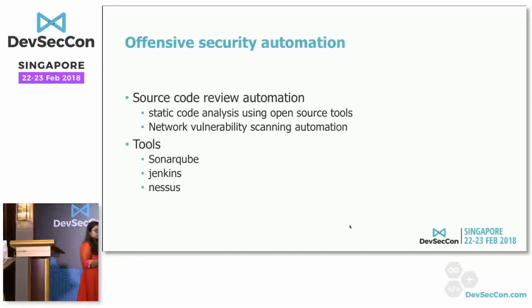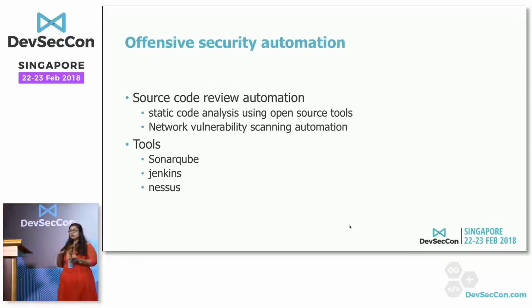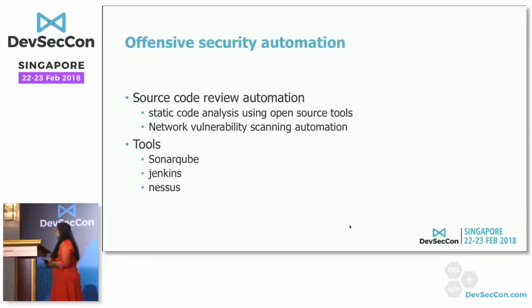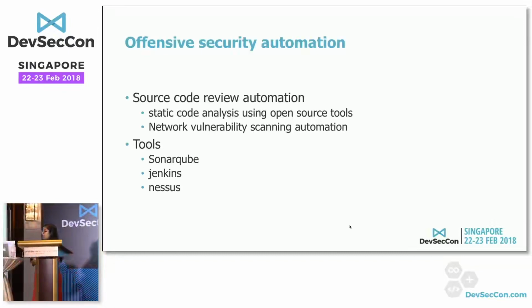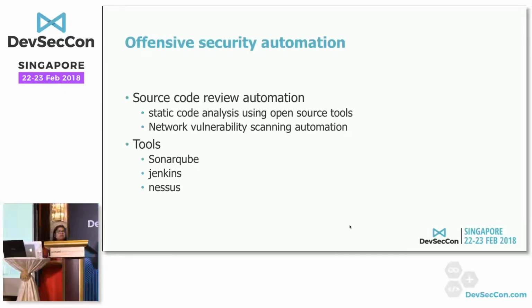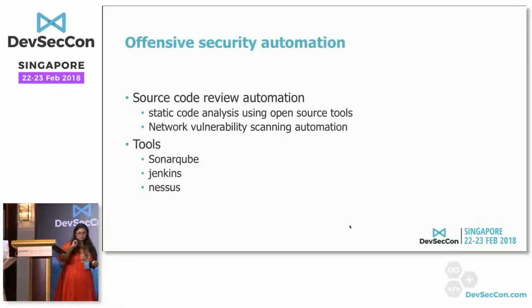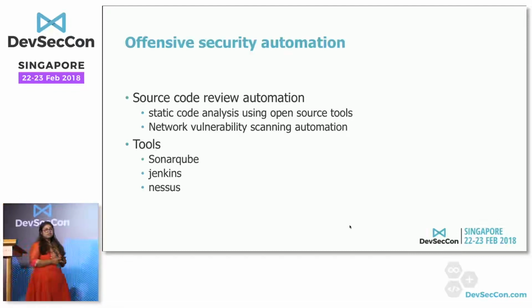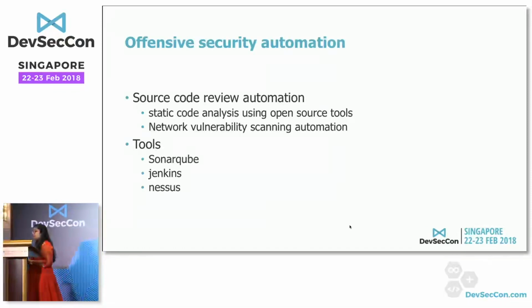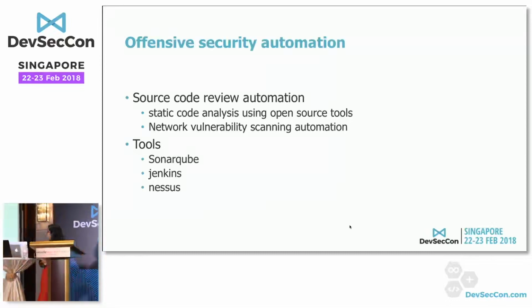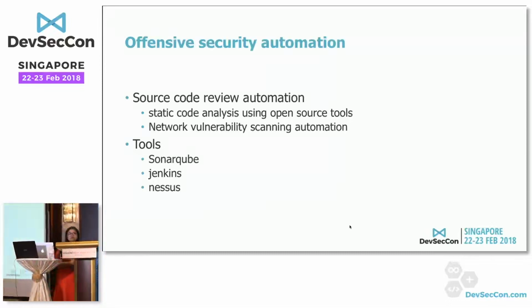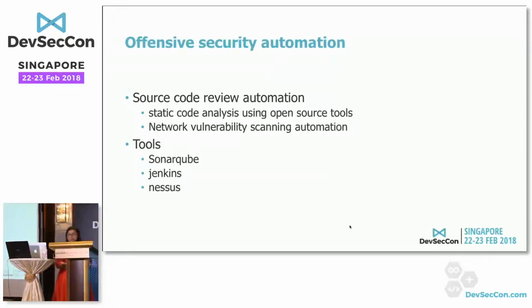Whenever there is any kind of Git push, SonarQube automatically scans the code, and it has an alerting mechanism along with a Jira integration. SonarQube also supports a variety of languages like Java, .NET, Python, Go, and more than 15 languages.